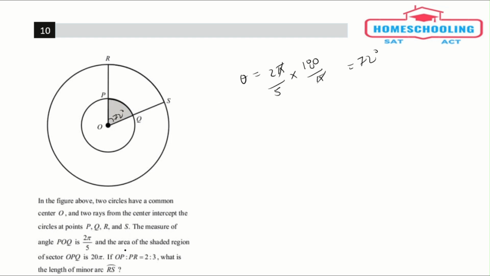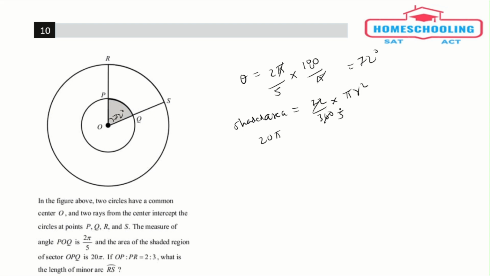The shaded area of sector OPQ is 20 pi, and the formula is theta by 360 degrees into pi r square. So theta is 72 by 360 into pi r square.